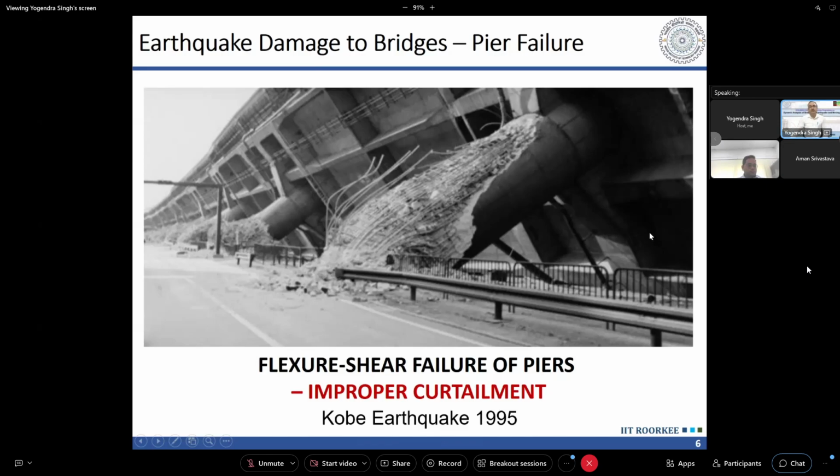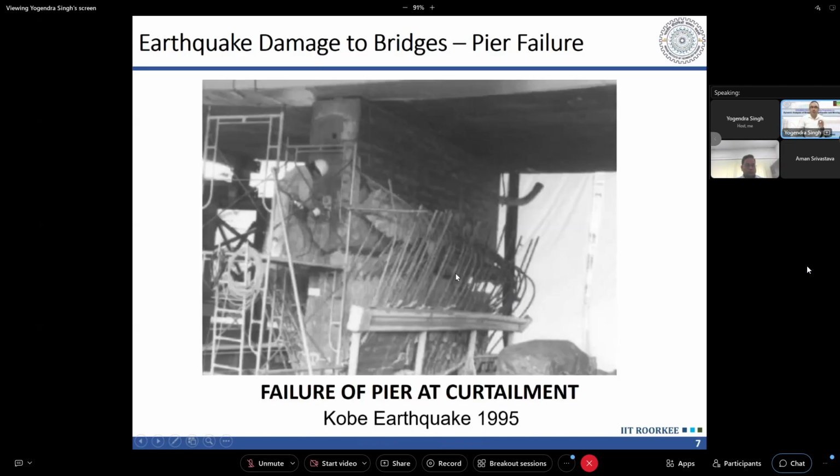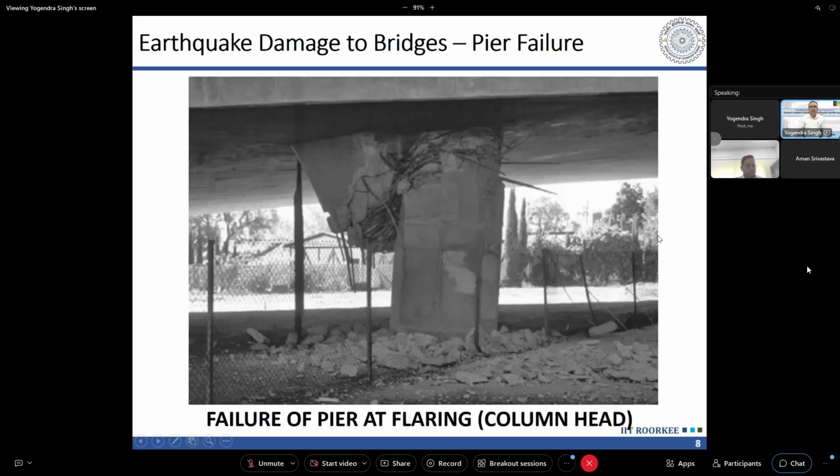But what we understand is that the piers are the most important component of the bridge which undergoes damage in an earthquake. So pier modeling in a bridge is most critical. We should give adequate attention to modeling of piers. Different types of piers: here, the pier failed due to flaring of the pier near the joint with the bridge.